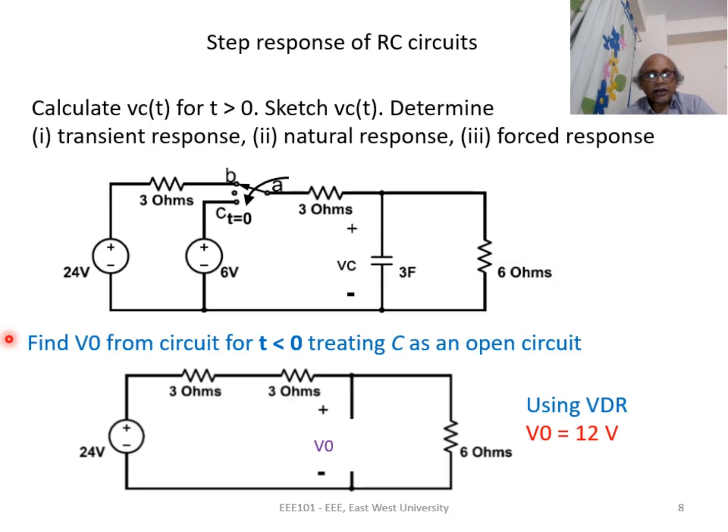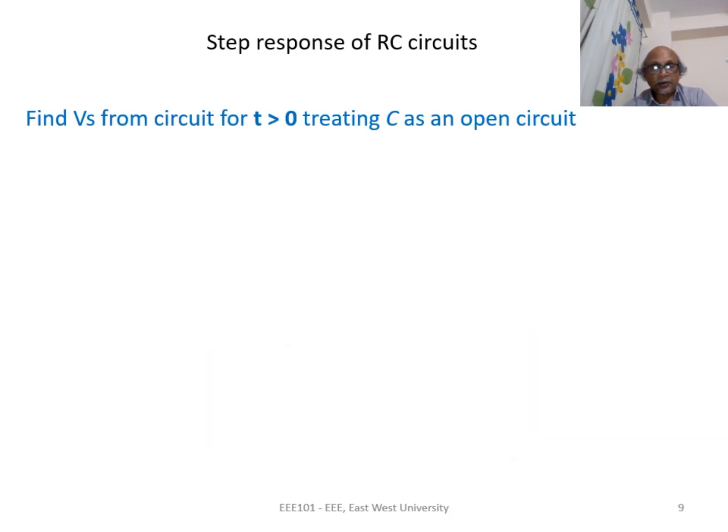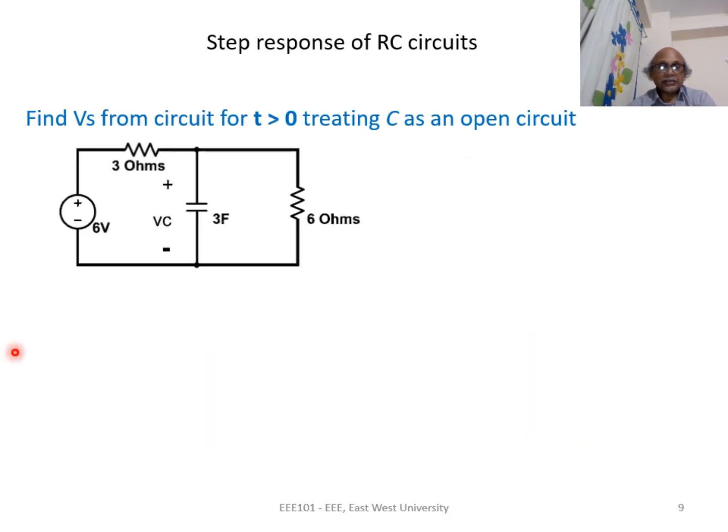Next, we will determine Vs. To determine Vs, we consider the circuit for t greater than 0 and again treat the capacitor as an open circuit. For t greater than 0, the switch is at C. So this is our circuit. If I show it properly here, this is the circuit that we get for t greater than 0.